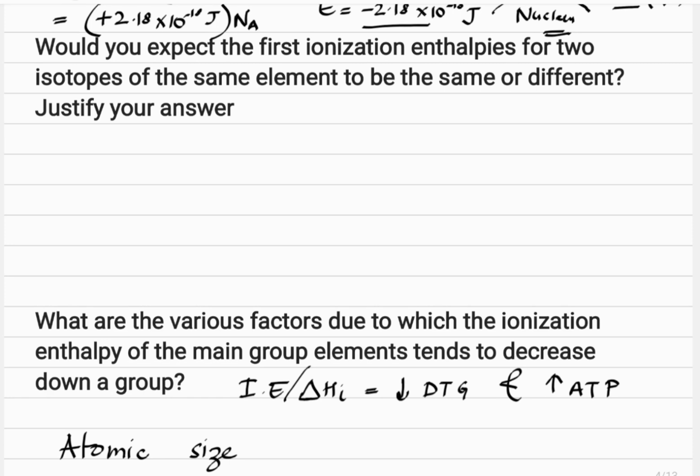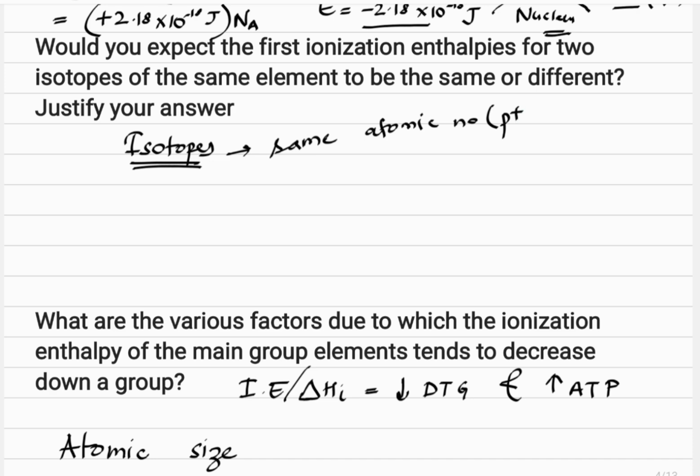Would you expect the first ionization enthalpy for 2 isotopes of the same element to be the same or different? Now isotopes. What are isotopes? Isotopes of an element are the types of the element which have the same atomic number.